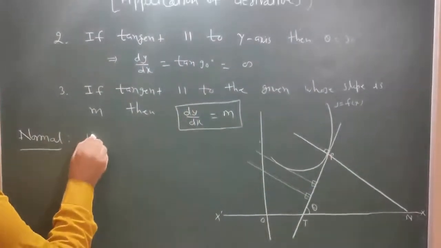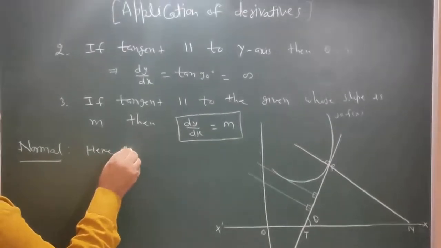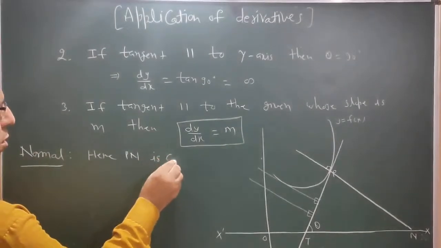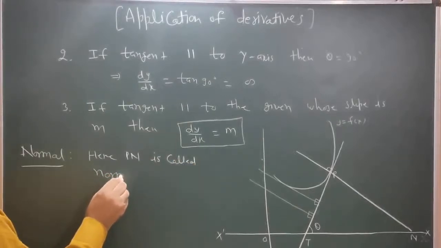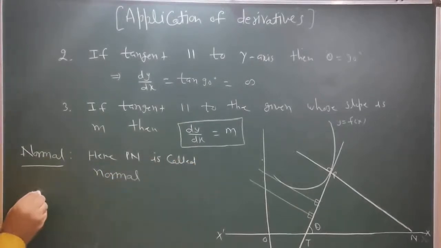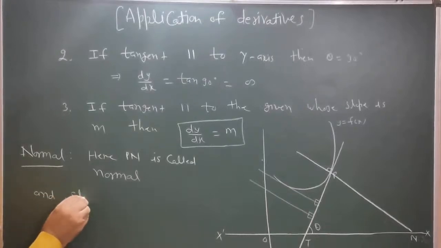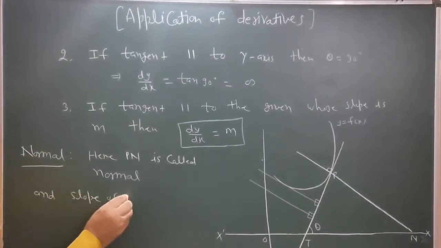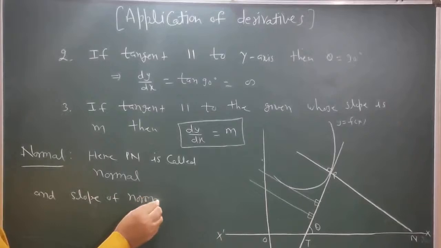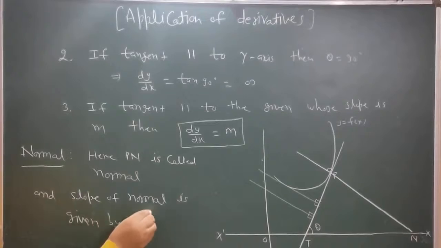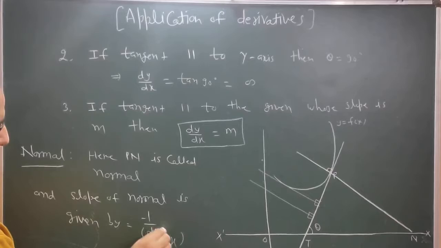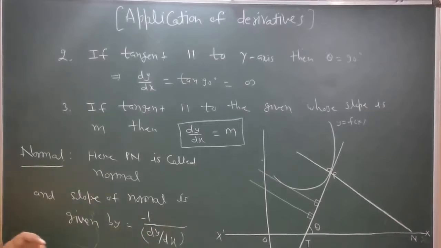So here PL is called the normal, and the slope of the normal is given by -1 upon dy over dx, because the normal is always perpendicular to the tangent.